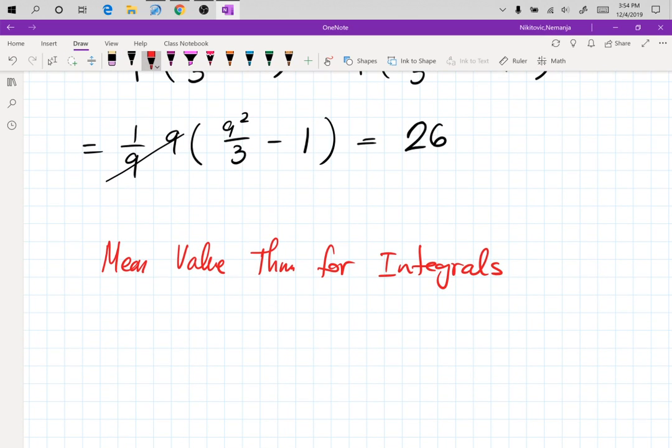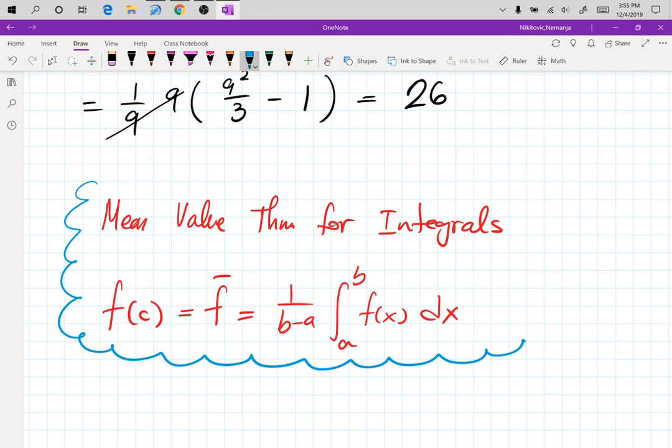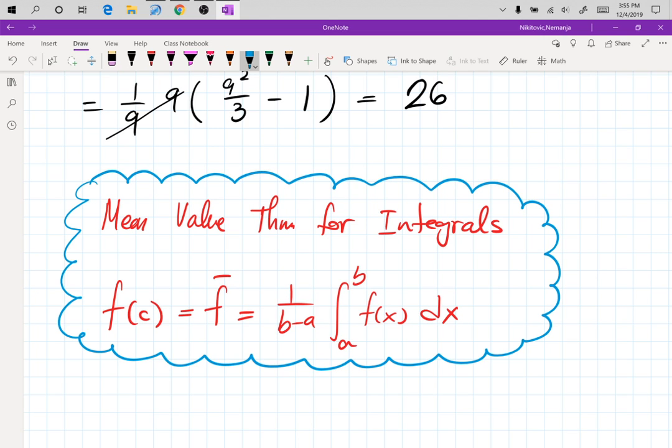And if you remember the mean value theorem, there was that C that we were looking for, which is exactly the same as the average or the mean, same idea, which is your 1 over b minus a, integral a to b of f of x dx. So you can find that value C, where you have the average value for the integral.